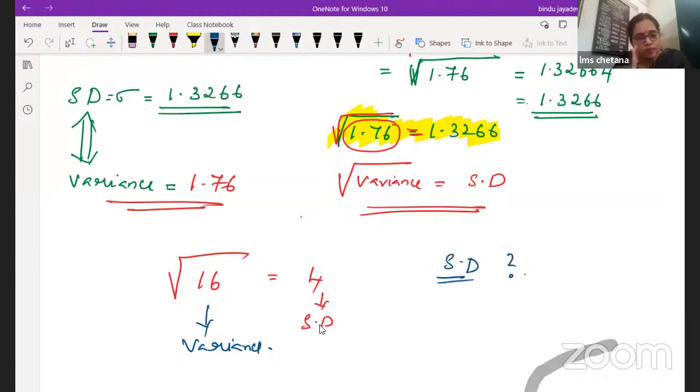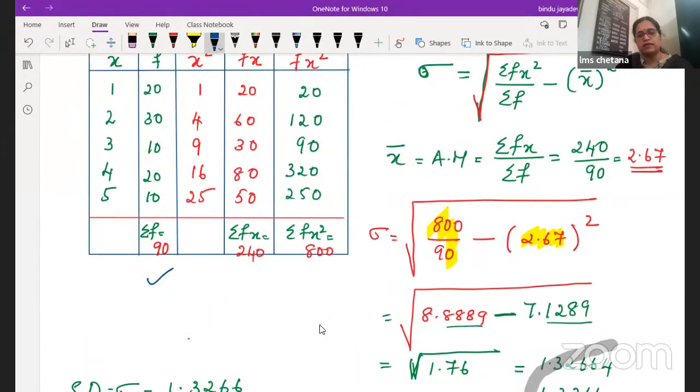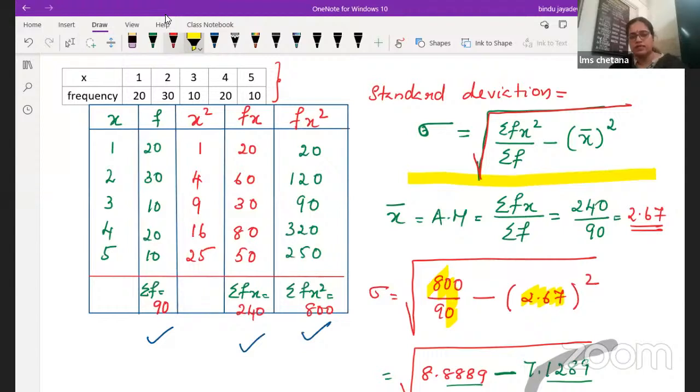What is the step? Prepare the table. A table with 5 columns, and complete the table with the down 3 values: sigma f, sigma fx, sigma fx square. That is 3 values. After that, write the formula for your standard deviation. Then in the next line, you will calculate x bar. X bar is the arithmetic mean, using this formula.